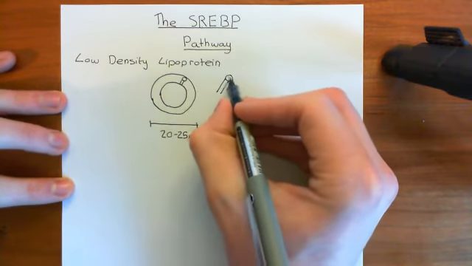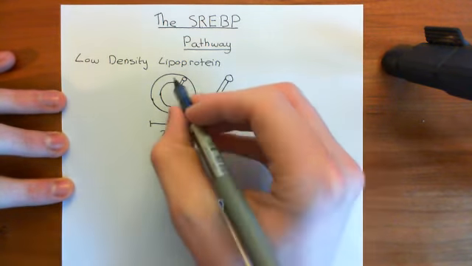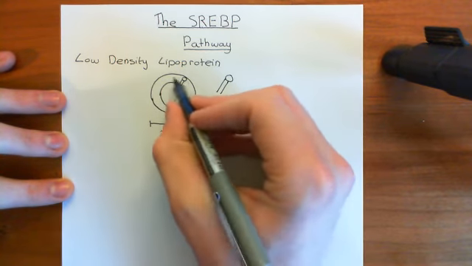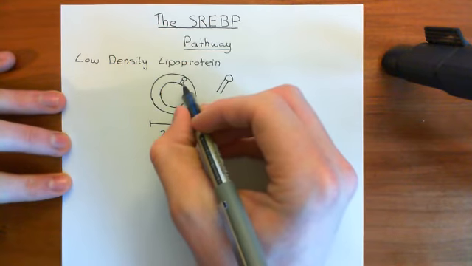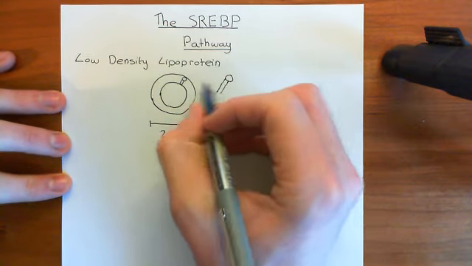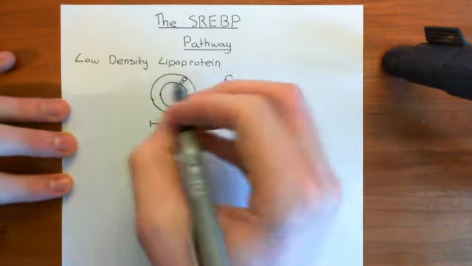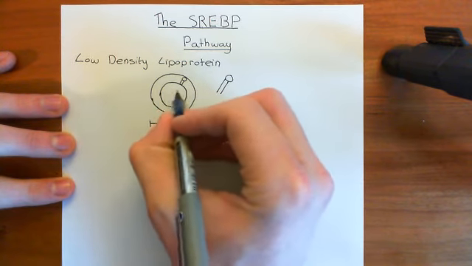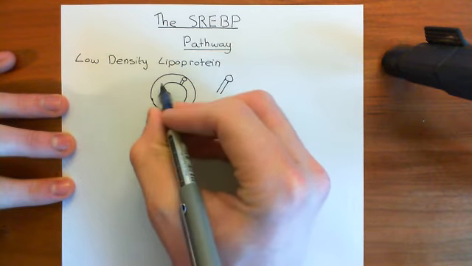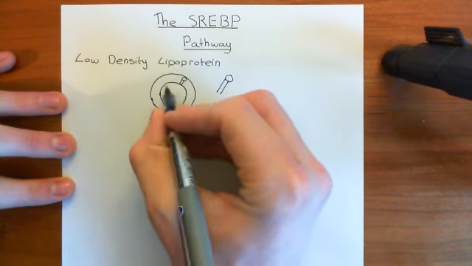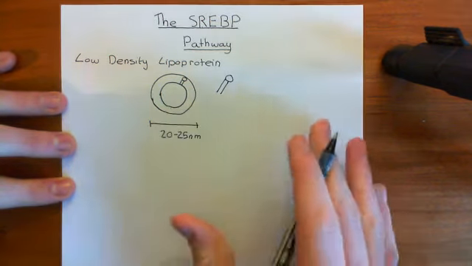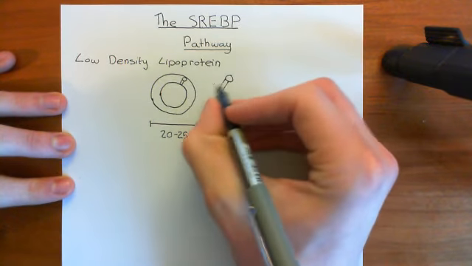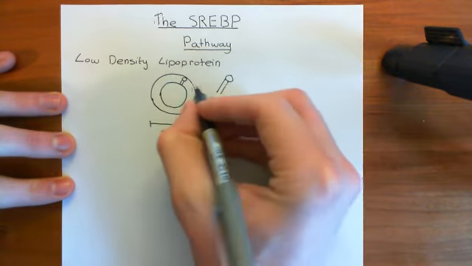So the head is polar and will interact nicely with water, and therefore the entire surface of the lipoprotein is going to have these polar heads of the phospholipid molecules facing out towards the water, whilst the hydrophobic tails of all of these phospholipid molecules face into the center, where we're going to have a store, basically, of hydrophobic molecules.